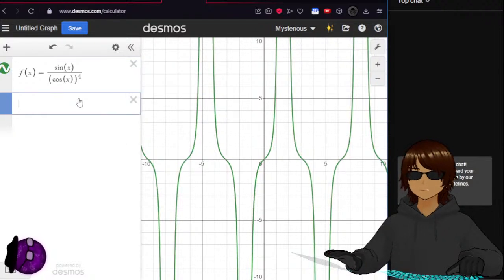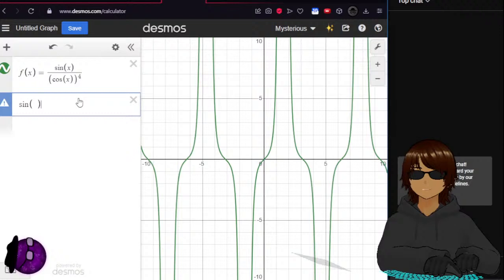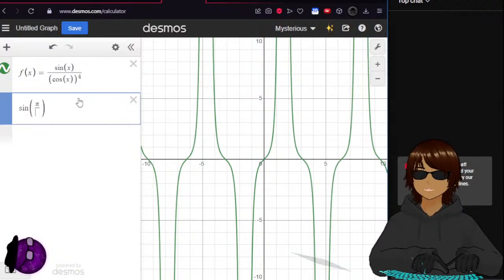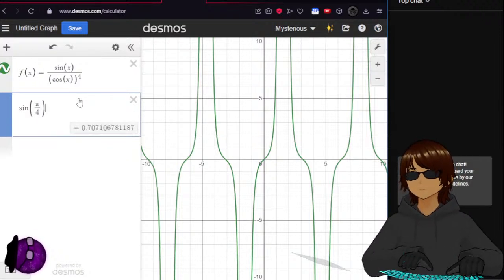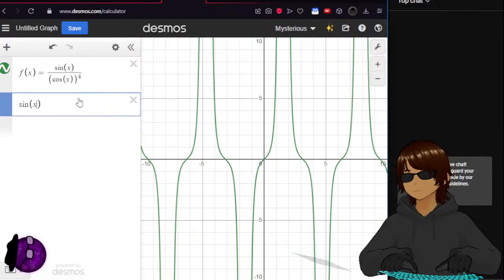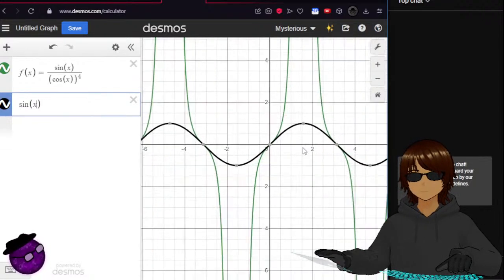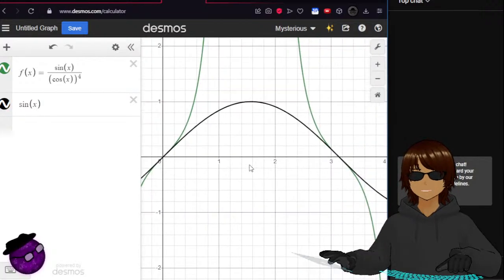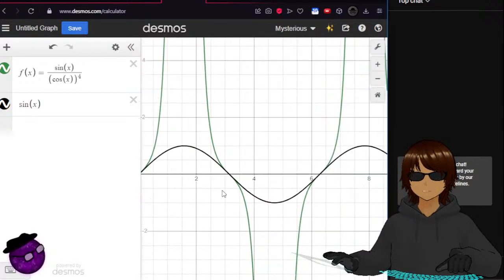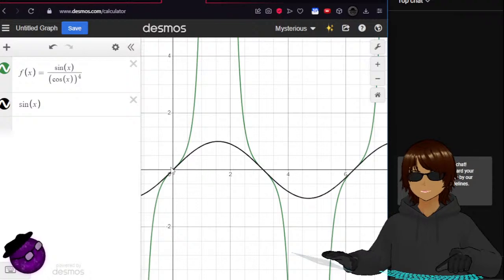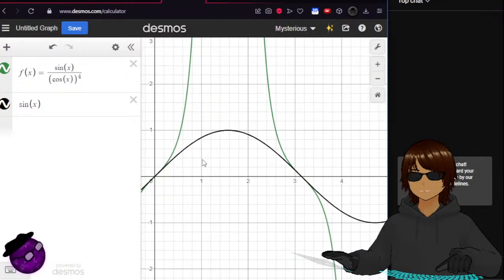Hold on. Sine pi over 4. Sine x is this, pi over 4 is this. This is pi, this is half pi, this is pi over 4.